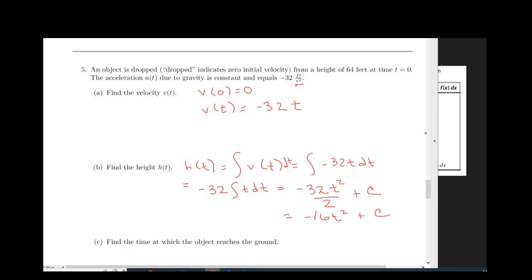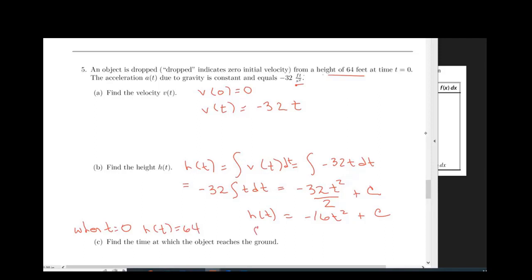What can we do to find c? You set it to 64. Exactly. So this is h of t. And I know when t equals 0, h of t equals 64.